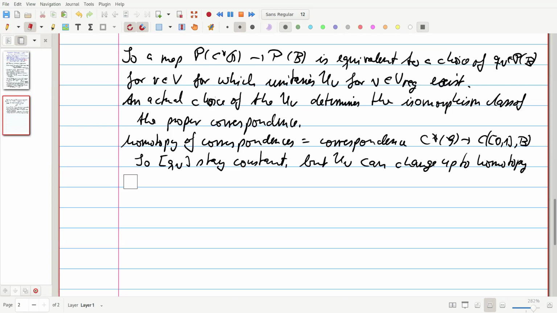I have a question about restriction of the correspondence to 0 and 1, to endpoints of this. How do you restrict correspondences? By tensoring with the evaluation homomorphism, or by functoriality. But this is on the level of the algebra. Yes. So if you have a correspondence, let's write it down.